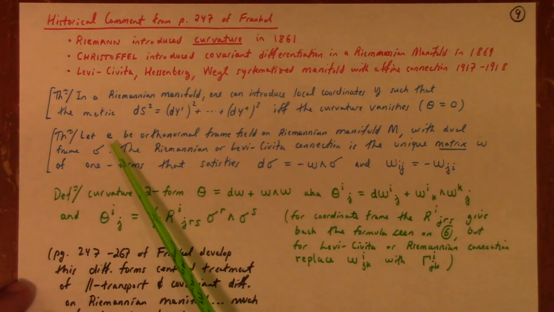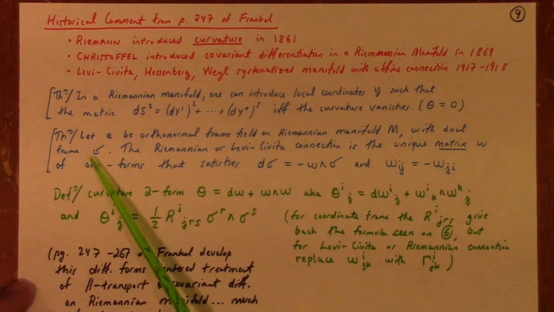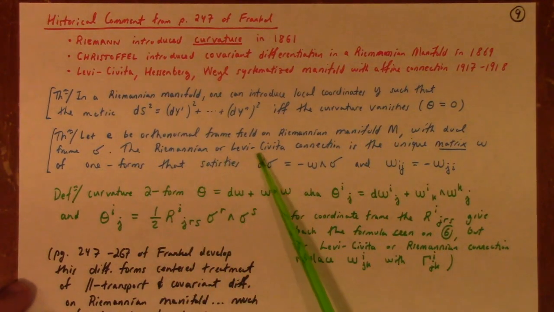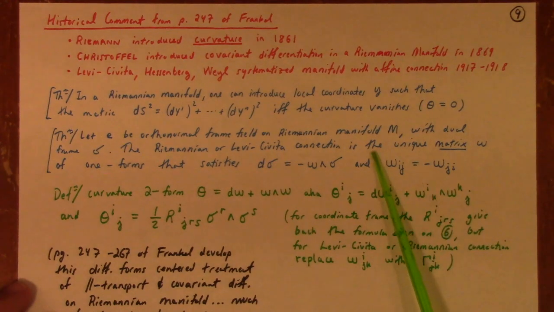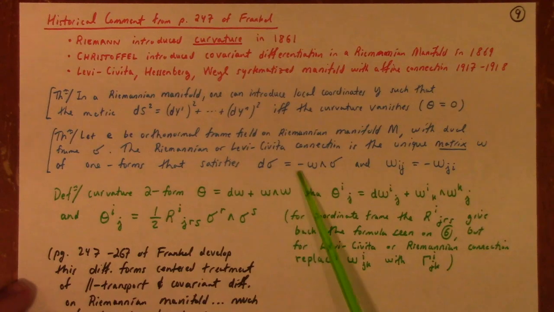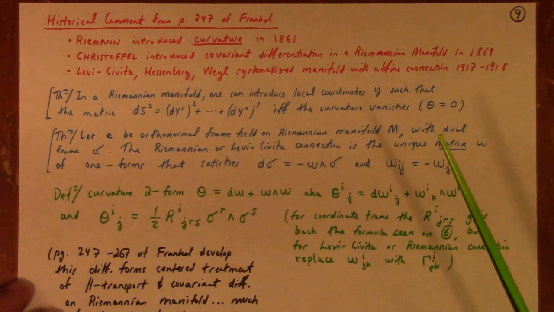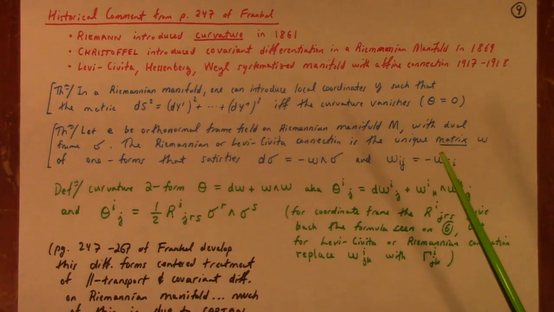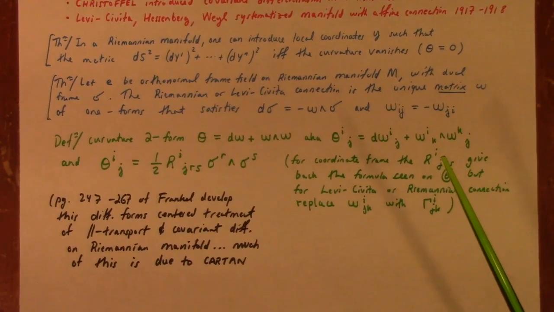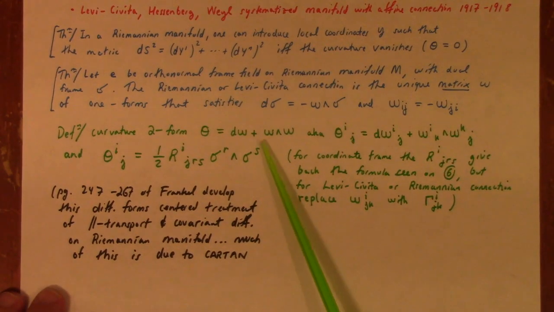And also another theorem in Frankel: let E_b be an orthonormal frame field on a Riemannian manifold with dual frame sigma. The Riemannian or Levi-Civita connection is the unique matrix omega of one forms that satisfies d sigma equals minus omega wedge sigma, and it's antisymmetric in that sense. And there's also a curvature 2-form, theta, which you can define as d omega plus omega wedge omega.